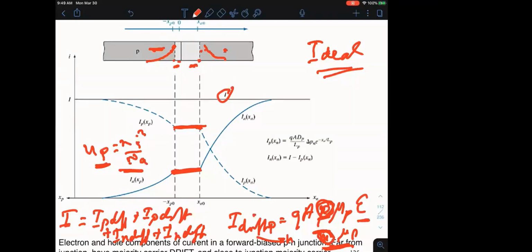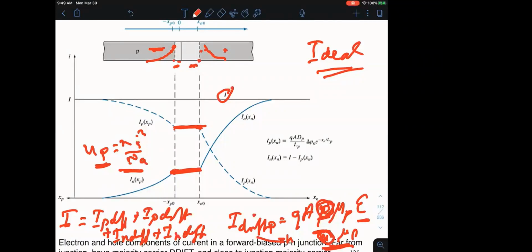Okay? So as a result, you can write down the total current anywhere as the sum total of the minority carrier electron diffusion current at this location and the minority carrier hole diffusion current at this location. And that is going to be the total current. Now the components of the current, however, will change with position. All right.